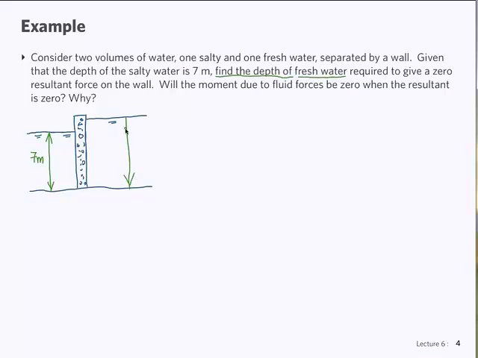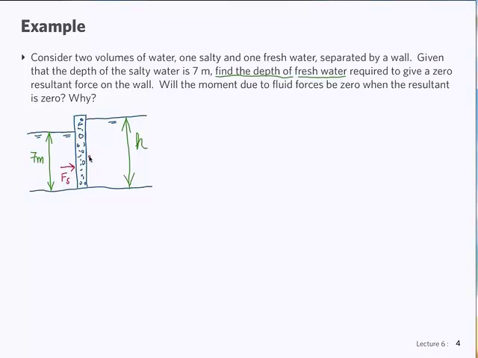So we don't know the depth of the fresh water. Let's call it H. But we want the forces to be equal on both sides of the wall. So we have some sort of force here due to the salt water. Let's call it Fs.